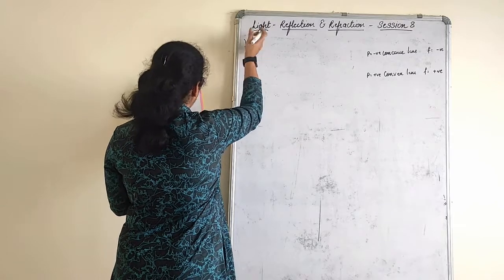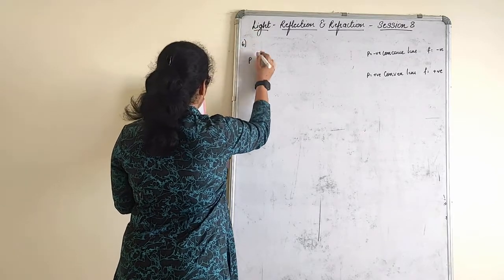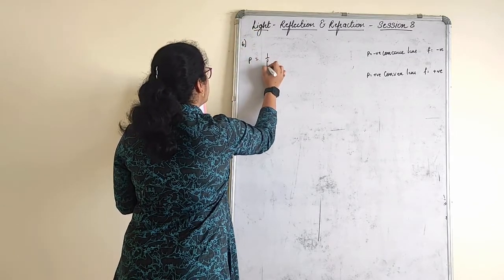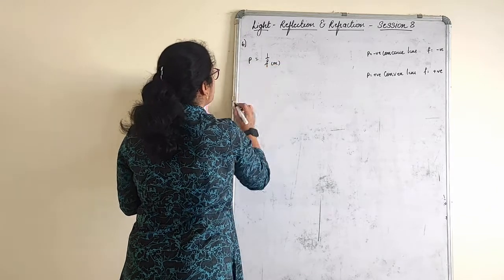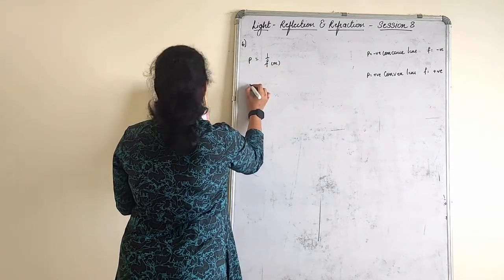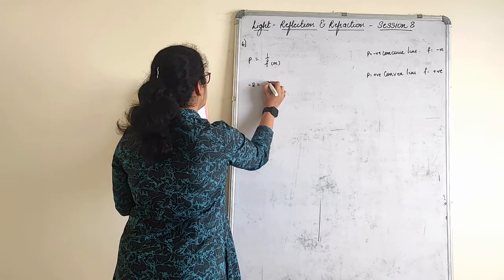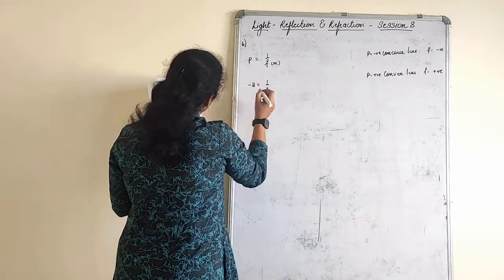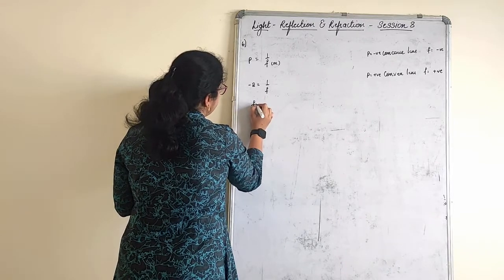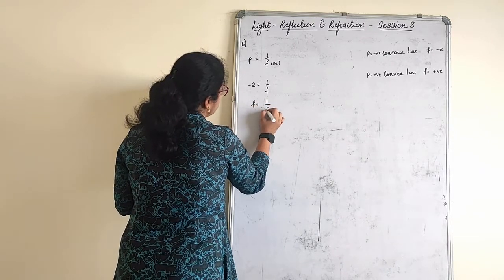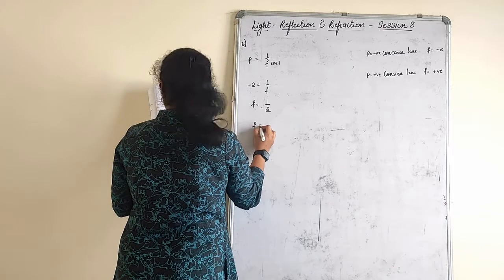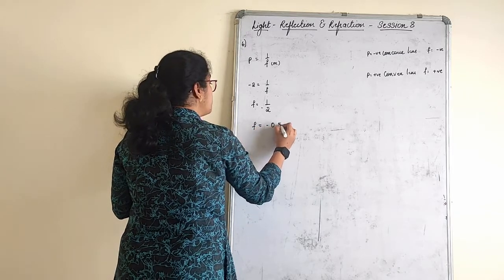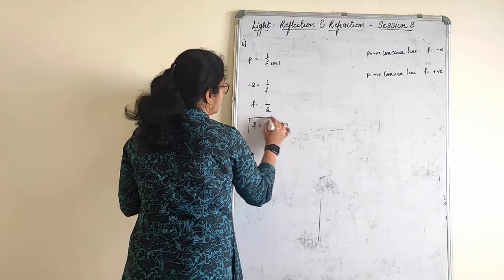No, 5th one I have given for homework, 6th one, okay? Is given by 1 by F in meter, what we are supposed to find. So, power is given as -2, that is equal to 1 by F. Cross multiply, F is equal to 1 by -2. F is equal to -0.5 meter.